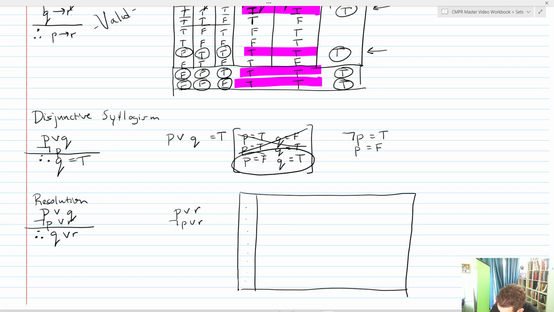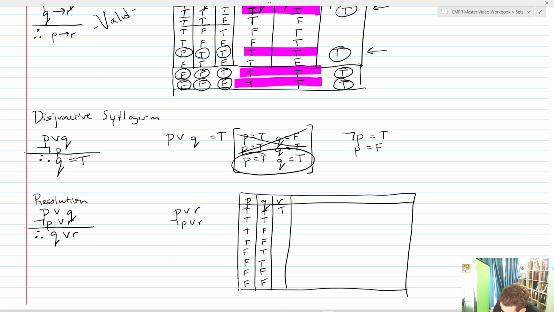And if you're okay with finding these truth tables already, then go ahead and fast forward.